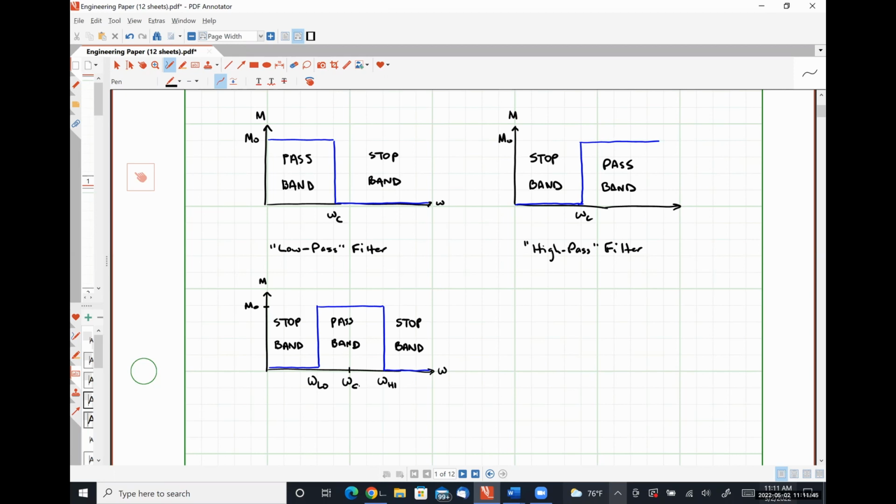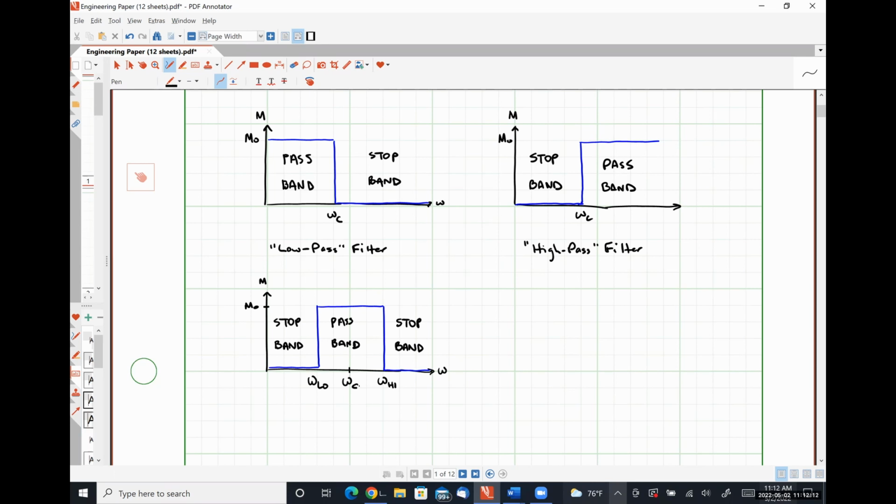Center, yeah. Now, I know that it's a little ambiguous because we're using omega C up here in our low pass and high pass filters, where it's being considered a corner frequency. Mathematically, all these omega C's kind of wind up meaning the same thing, though, okay?